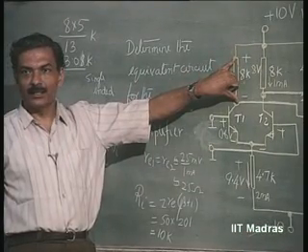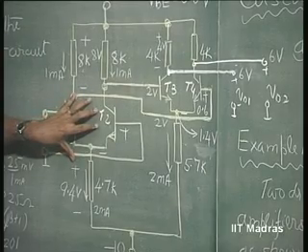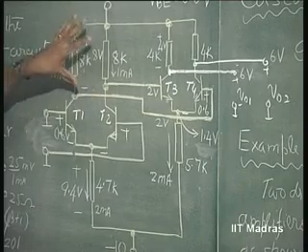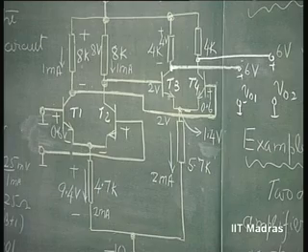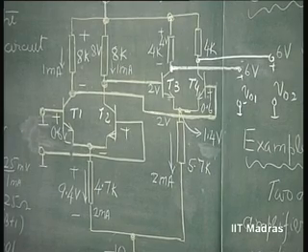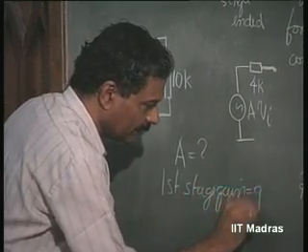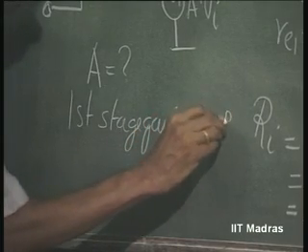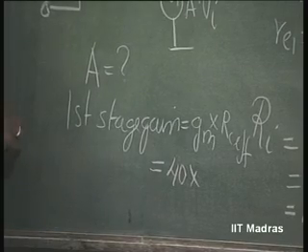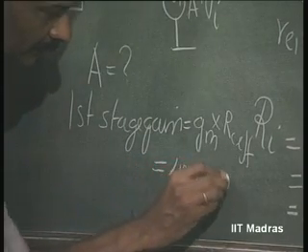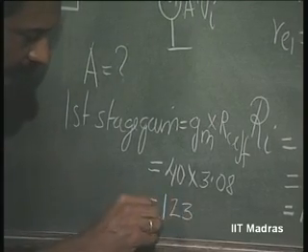GM is already 1 over RE, which is 40 millisiemens for this transistor. GM into effective RC, 40 into 3.08 K. So, the first stage gain is going to be GM into RC effective, which is 40 millisiemens into 3.08, 123.